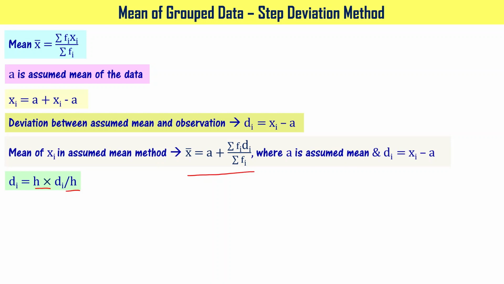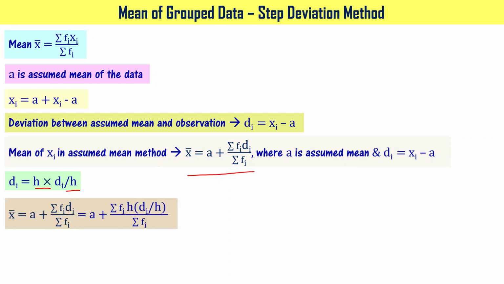We have introduced a variable that is called ui equal to di by h, right? So we can make use of that definition here. But for the time being, since we know x bar equal to A plus sigma fi di divided by sigma fi, let me introduce di equal to h times di by h. That's what I have written here.